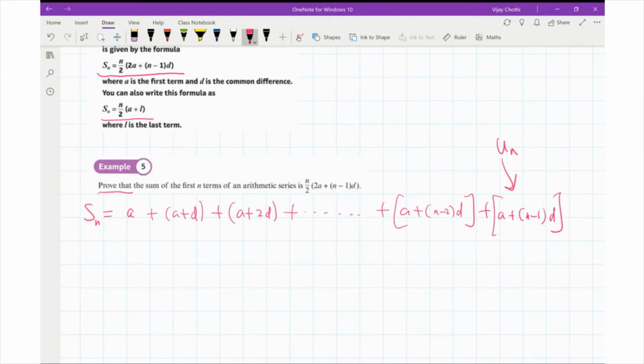So I've written out the series forwards. Then the next trick, you write it out backwards. So you reverse the series. You start off with the nth term. The one before it would be a plus (n minus 2)d.